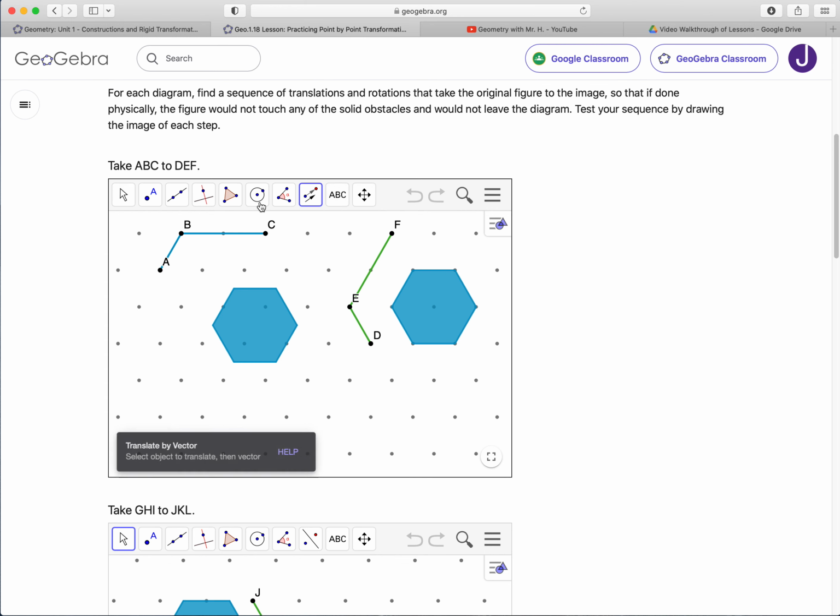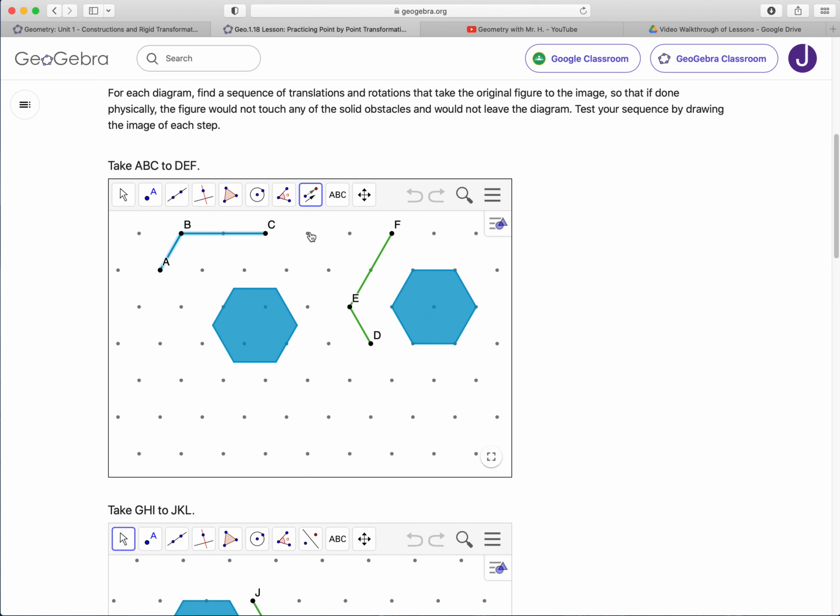So we're going to translate by vector. I'm going to translate this object here, and I'm going to go from C to F. Now, notice I could click on C and click on F, but I'm also noticing that these dots are all exactly the same distance away from each other.